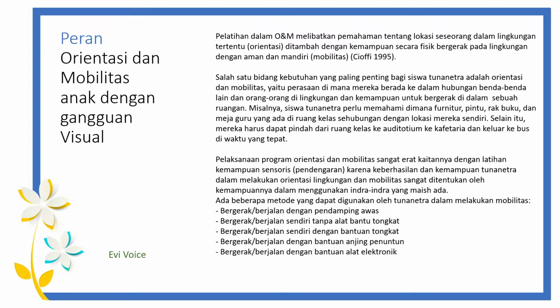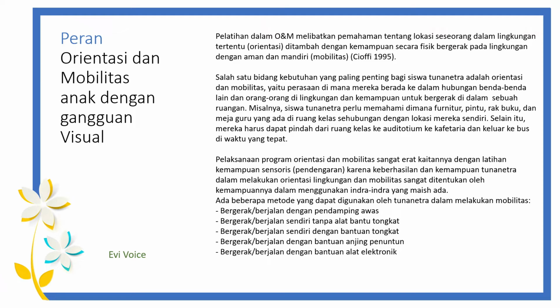One of the most important areas of need for blind students is orientation and mobility, which is the feeling of where they are in relationship to other objects and people in the environment and being ready to move in a room.